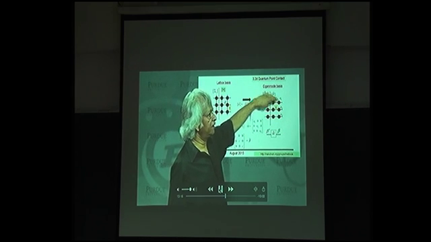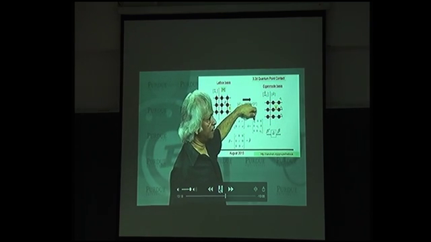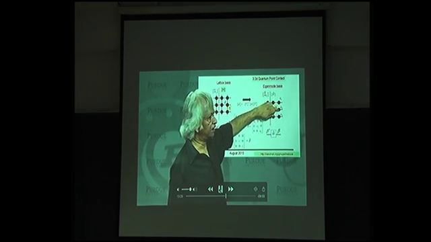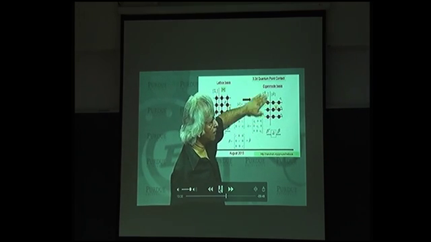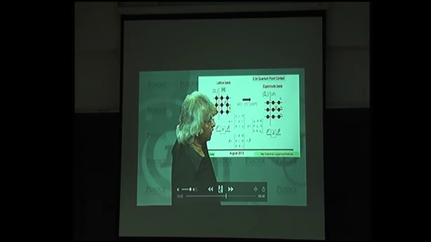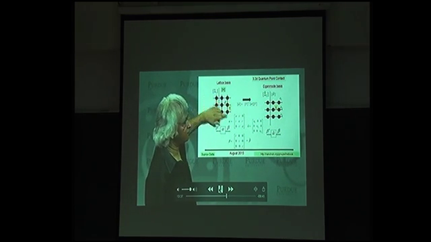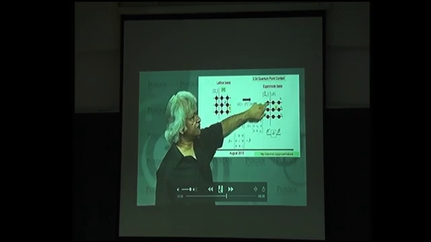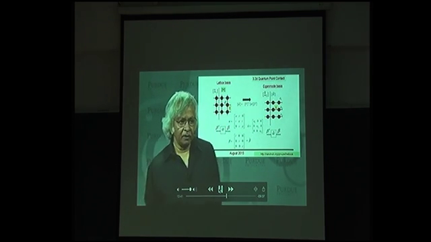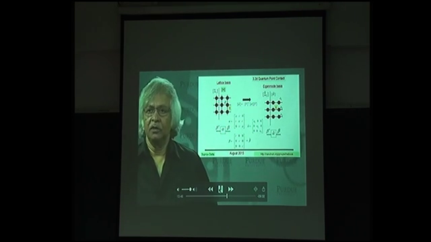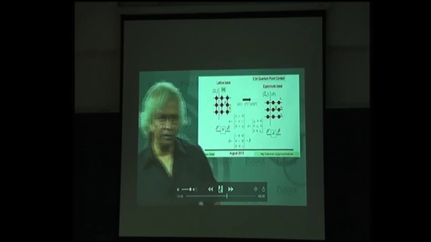So this wire has a diagonal element of epsilon 1 and the connection is T. The next wire has a diagonal element epsilon 2, the connection is T. Epsilon 3, connection is T. But the point is there is no connection in this direction, unlike the original problem. The original problem had connections going this way. Now there's no connection in this direction at all. And so the original 2D problem has now decoupled into a set of parallel 1D problems.